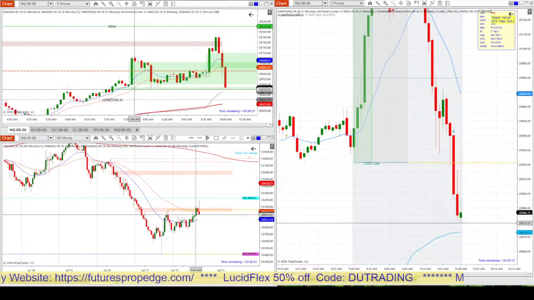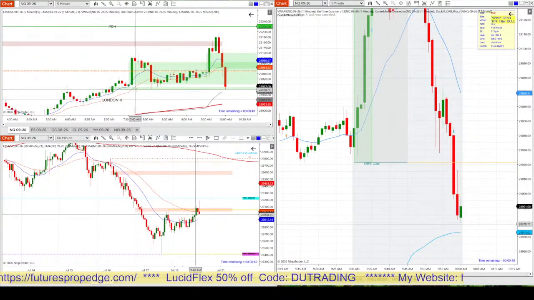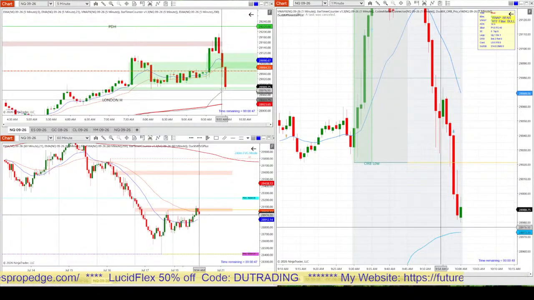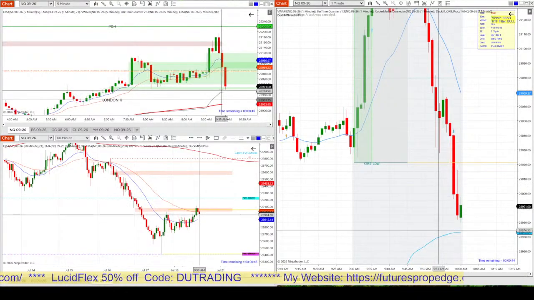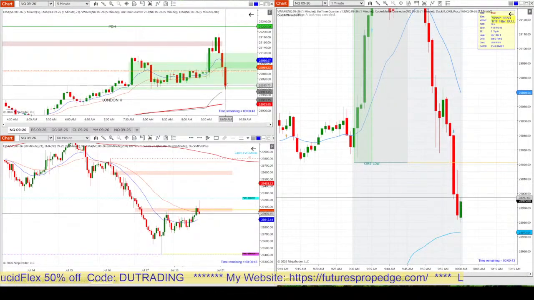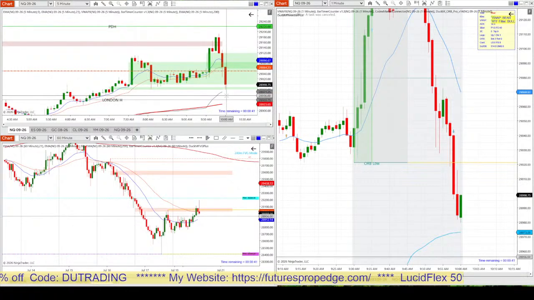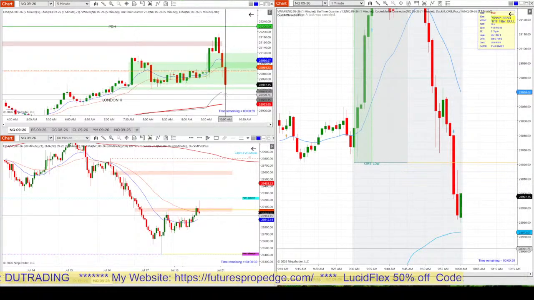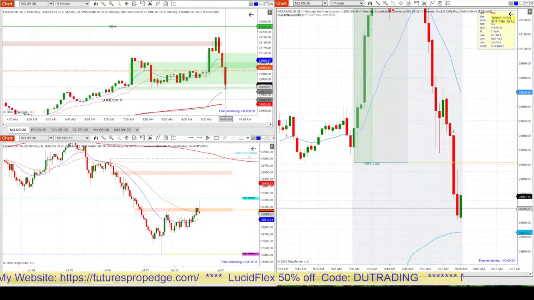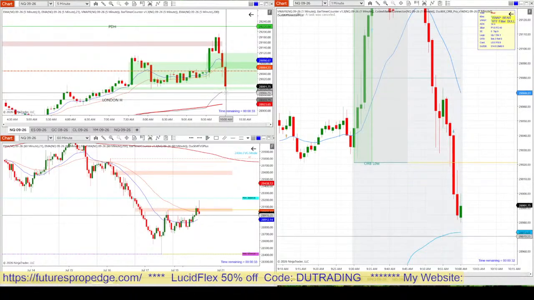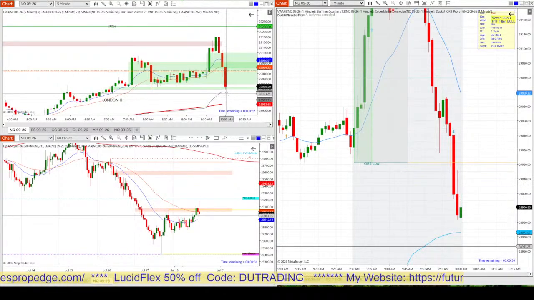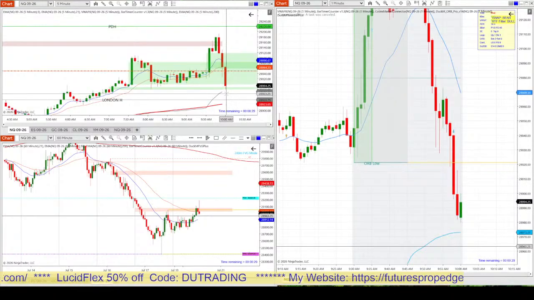But this area might get a lot of people shot while you enter for the short. Because around Europe, what happens sometimes is price will go to it slightly and then push right back up again, go to it slightly, push right back up. Meaning, you take the short above Europe, it comes down and you didn't take your profit.